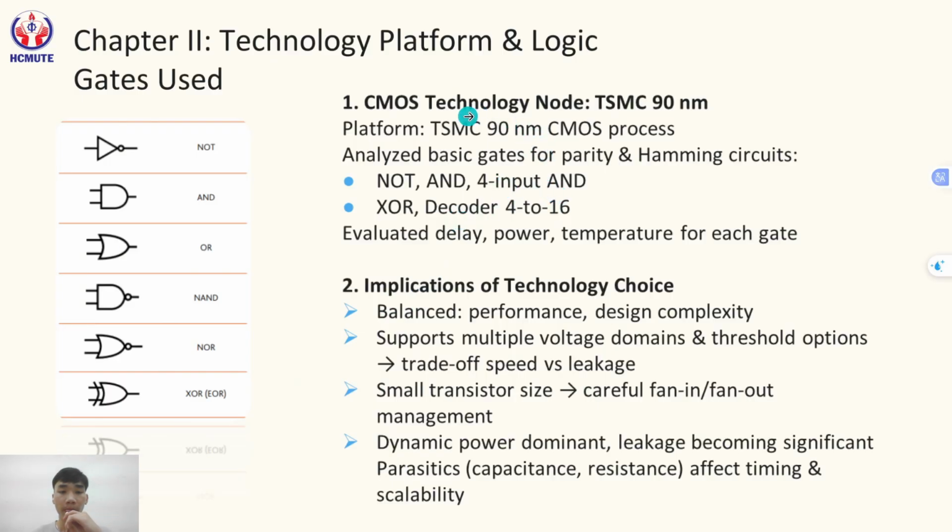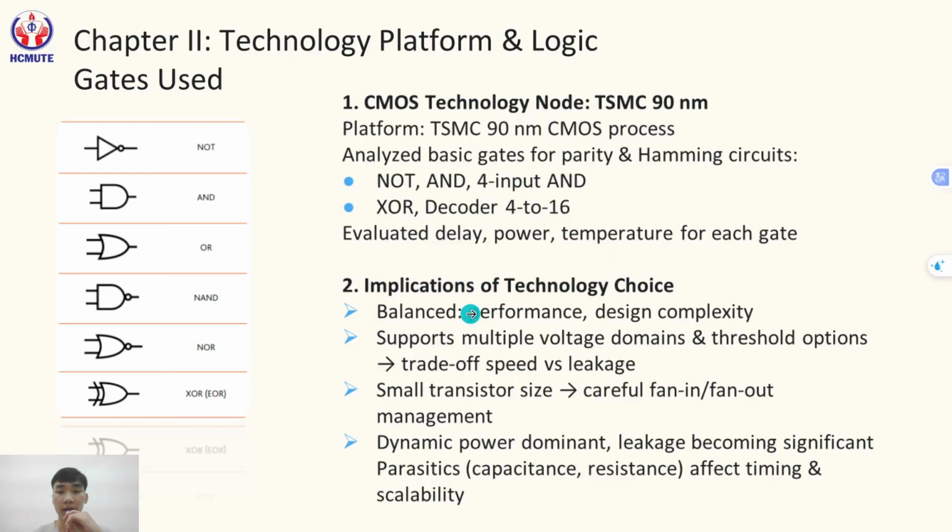Chapter 2 presents the technology platform and basic logic gates used in our parity and Hamming code circuits. We implement the circuits using TSMC's 90 nanometer CMOS process and analyze gates such as NOT, NAND, NOR, AND, the 4 to 16 decoder, and XOR in terms of delay, power, and temperature.